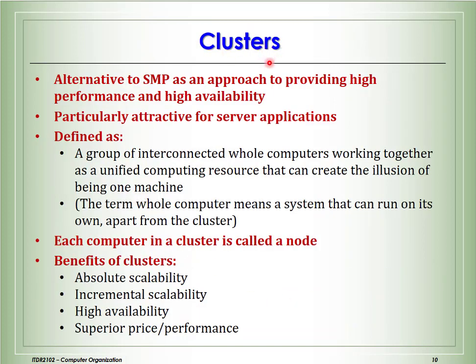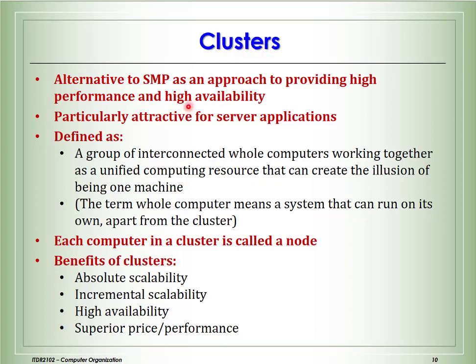Now clusters, or clustering. As I told you, the cluster model is basically a distributed memory model in which each system has its own local memory, and the nodes communicate through a very fast network connection.